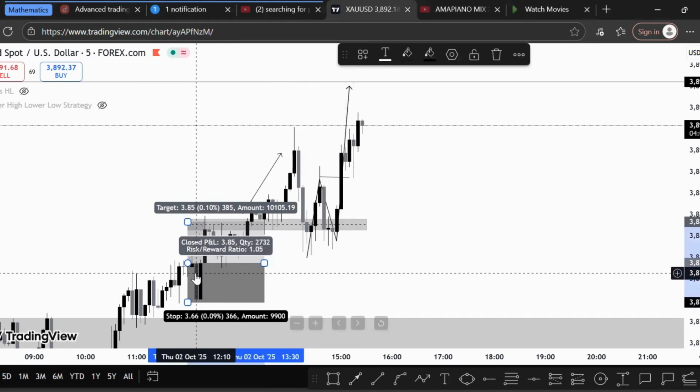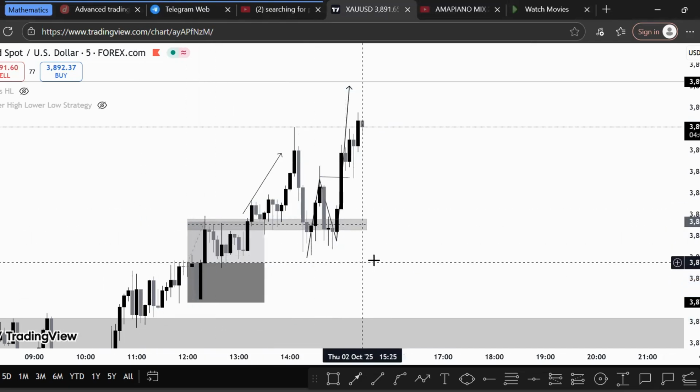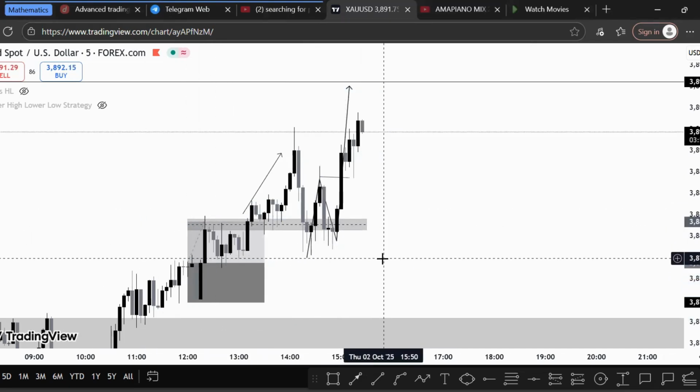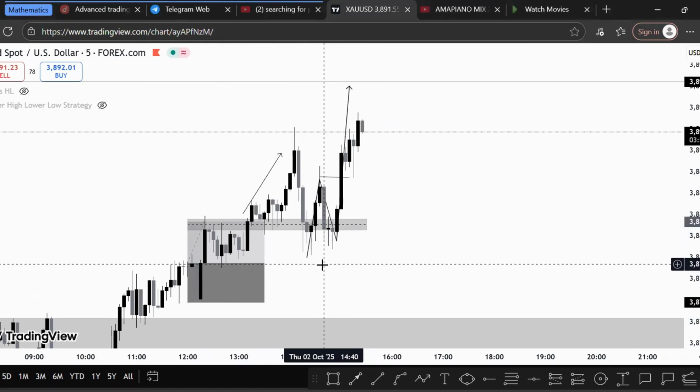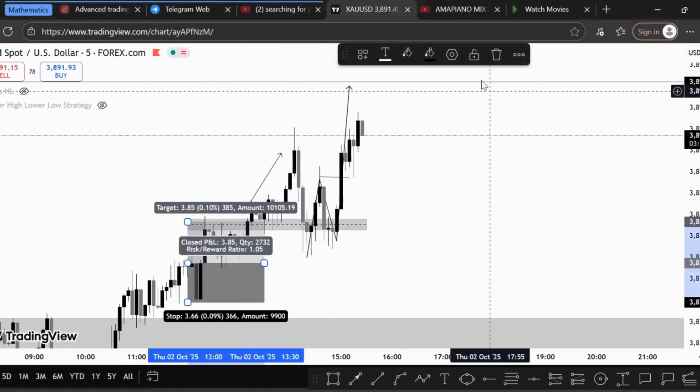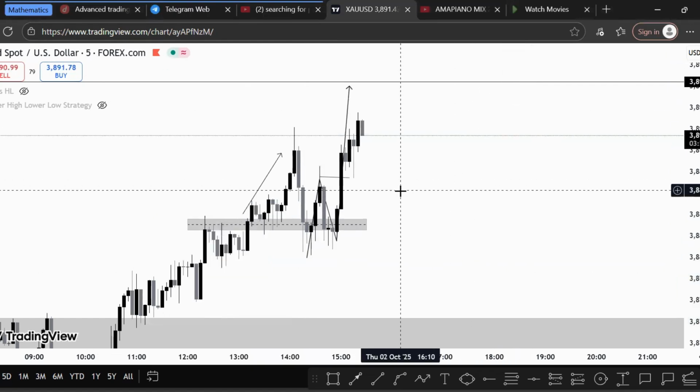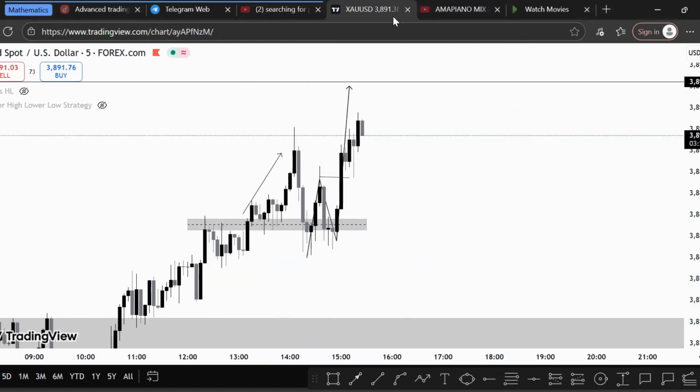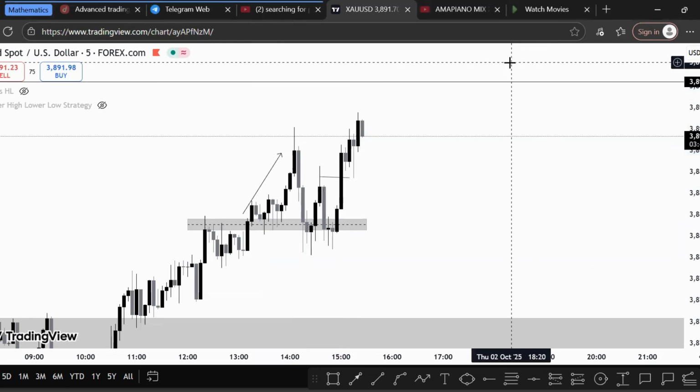That's enough for him, because he's risking $5,000. He made like what, 15. You get what I'm saying? So you don't want to compare yourself with these guys. Focus on your own journey. Even if you don't use the MT5 thing, tell yourself I'm risking $100 for this trade, right?